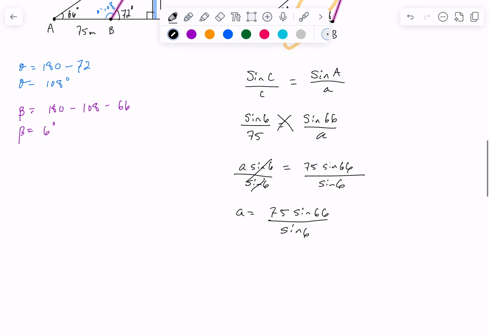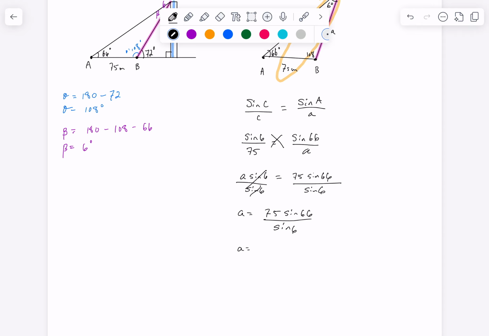Okay, and so side length C, that pink piece from our triangle, is going to be whatever that calculation is. So 75 sine 66 divided by sine of 6. We should get 655.5 meters.